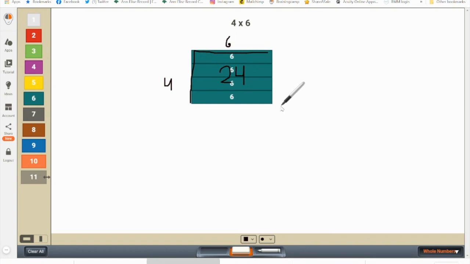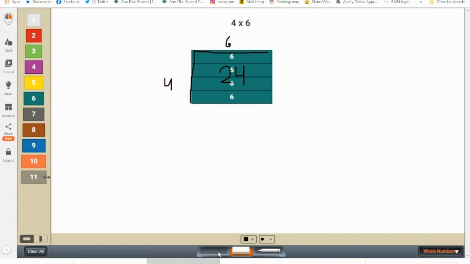So you can visualize that whenever you're multiplying anything, it will always result in a rectangle because you get equal sized groups. So you can think, okay, I've got this total amount. I'm dividing it by the divisor, which is going to be the vertical distance here with the 4. The horizontal is going to be whatever the quotient is, right? So we have our dividend, our divisor, and then the quotient.